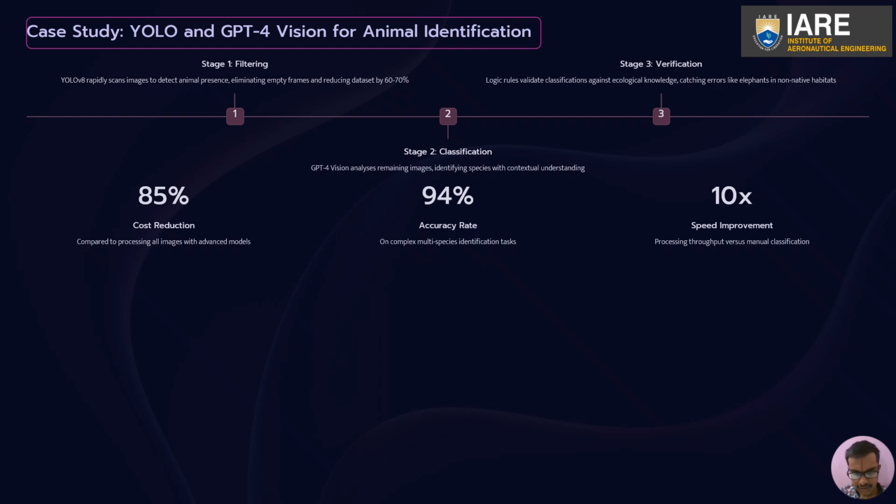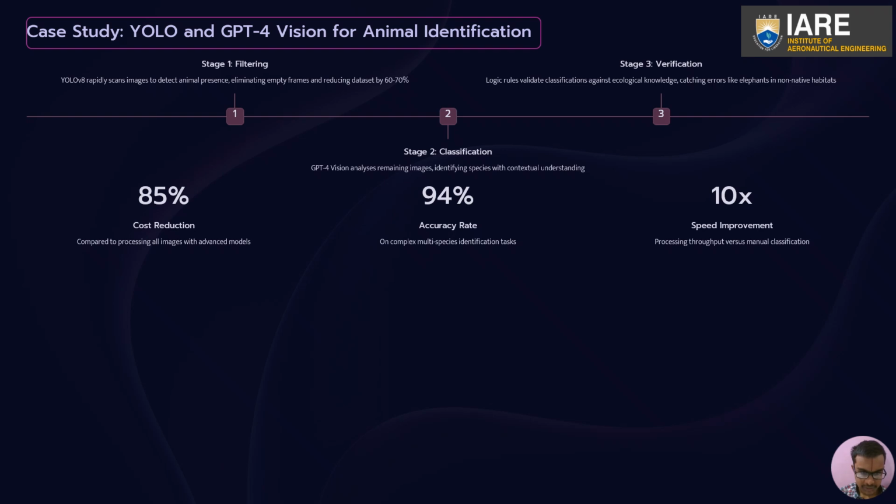GPT-4 analyzes remaining images, identifying species with contextual understanding. And finally, stage 3, logic verification. Logic rules validate classifications against ecological knowledge, catching errors like elephants in non-native habitats.